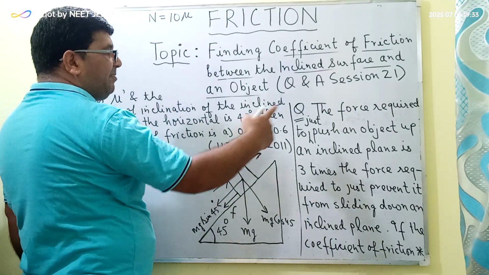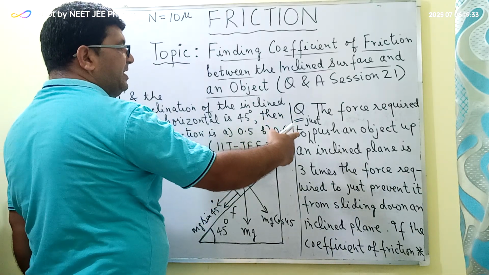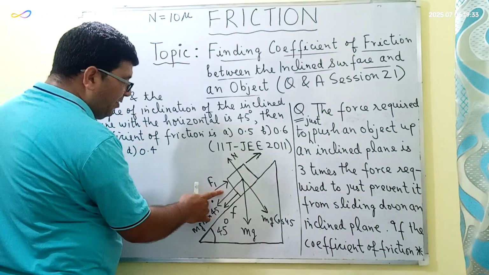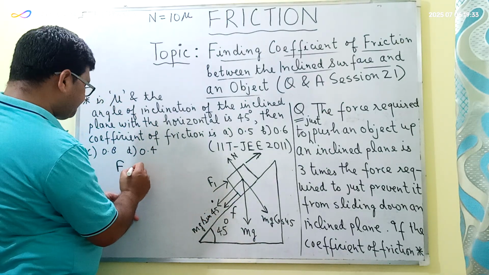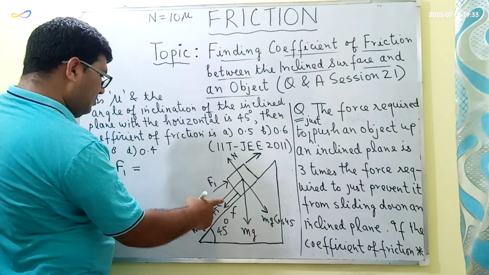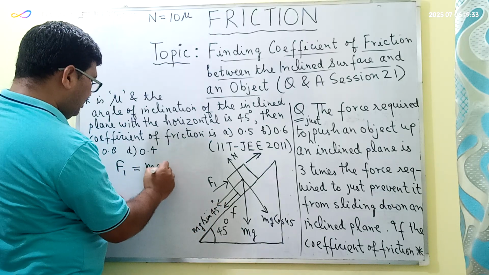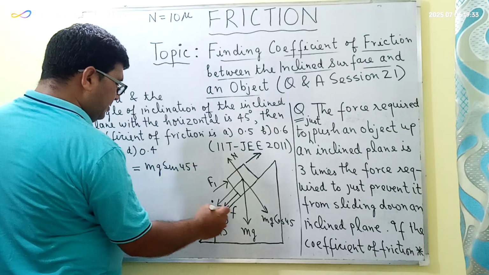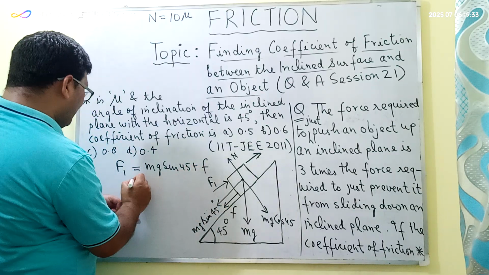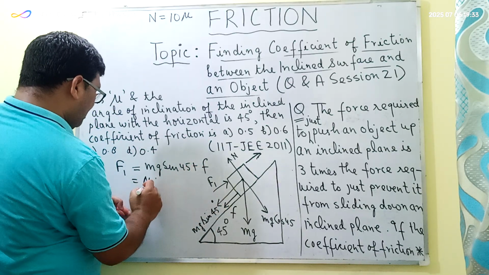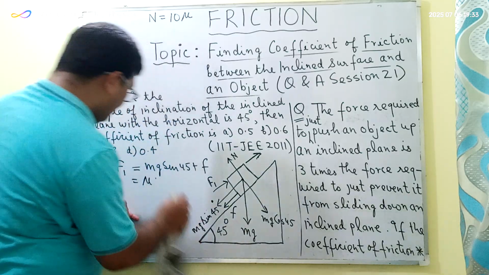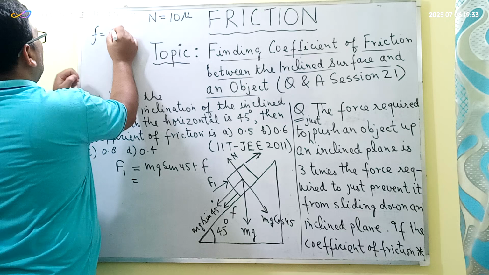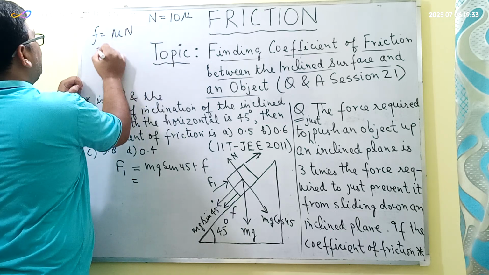When I am applying the force which is just enough to push an object up the inclined plane, in that case F1 will be equal to mg sin 45 plus the force of friction. The force of friction f is equal to mu n, and here n is the normal reaction.